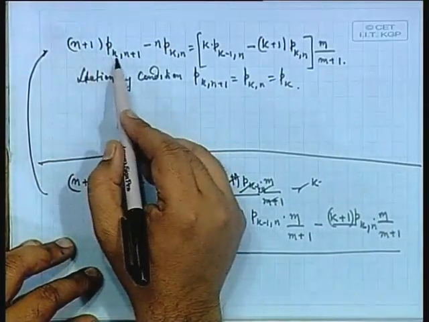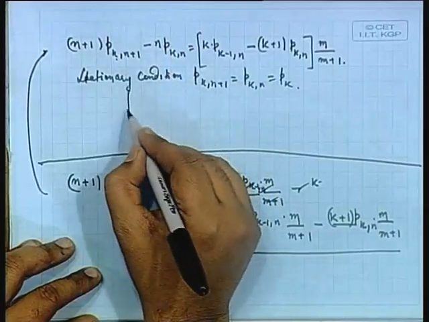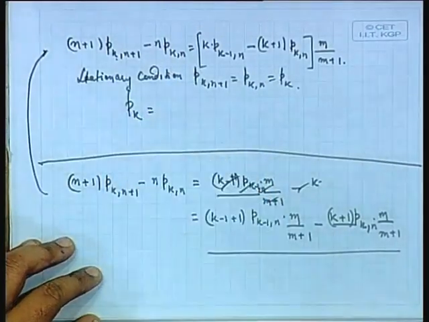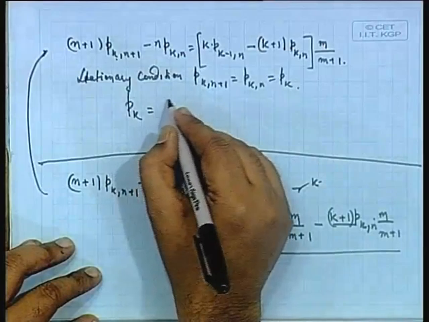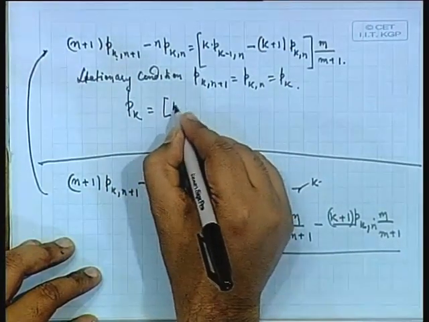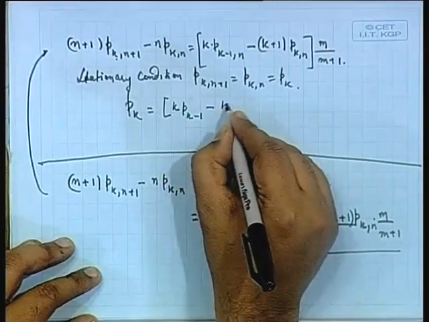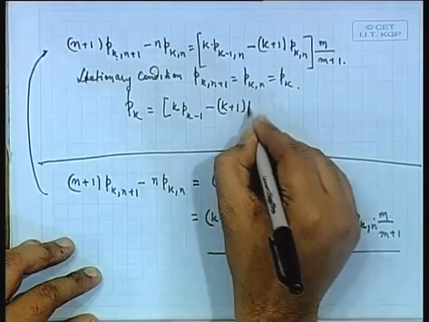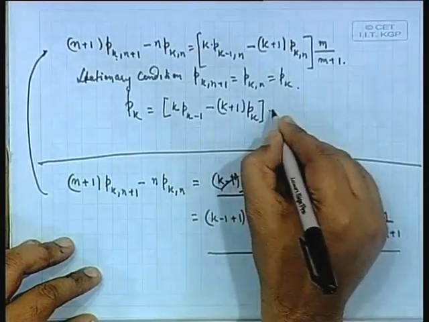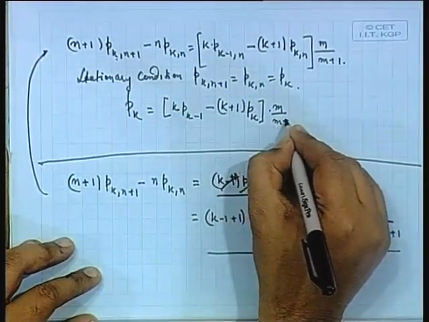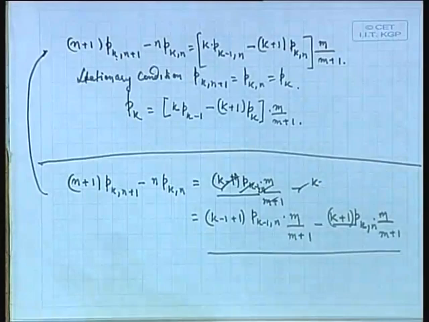(n+1) p_k minus n p_k. So, this becomes p_k simply, okay, is equal to k p_{k-1} minus (k+1) p_k, with the factor of 1/(n+1) as before.